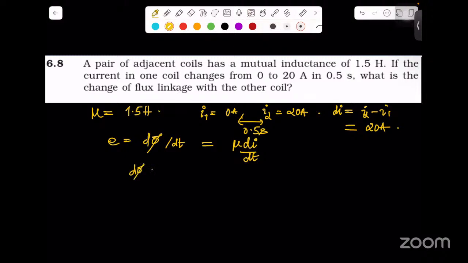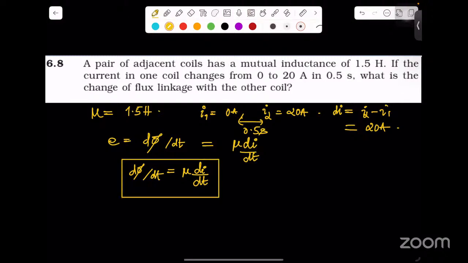So d phi upon dt is equal to mu di upon dt. So you should remember this formula now. We get d phi equals mu into di.